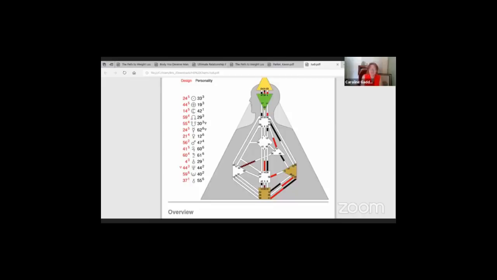Yeah, and also she's got the gate 29, so you're likely to say yes to everything before giving yourself the time to feel into it and think about it. So that's something to be careful about, and really make the effort to ask for that time and space for you to have a clear yes.